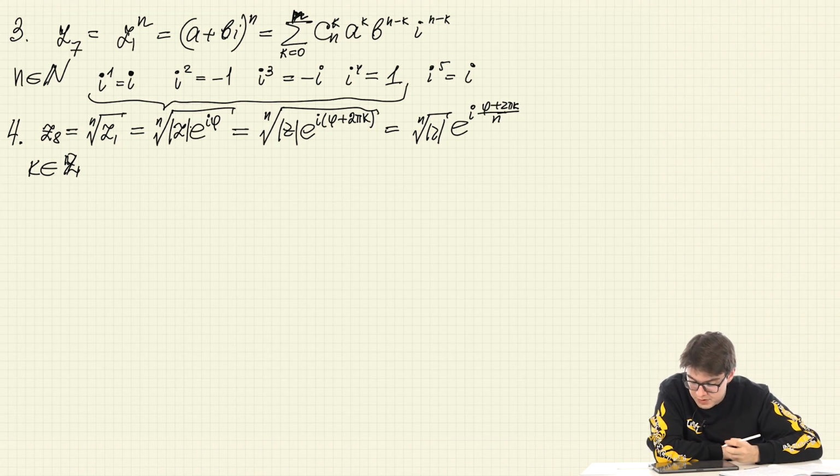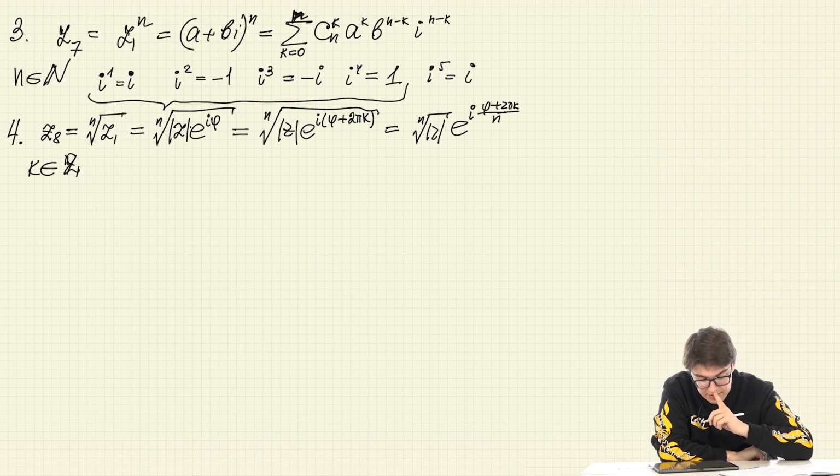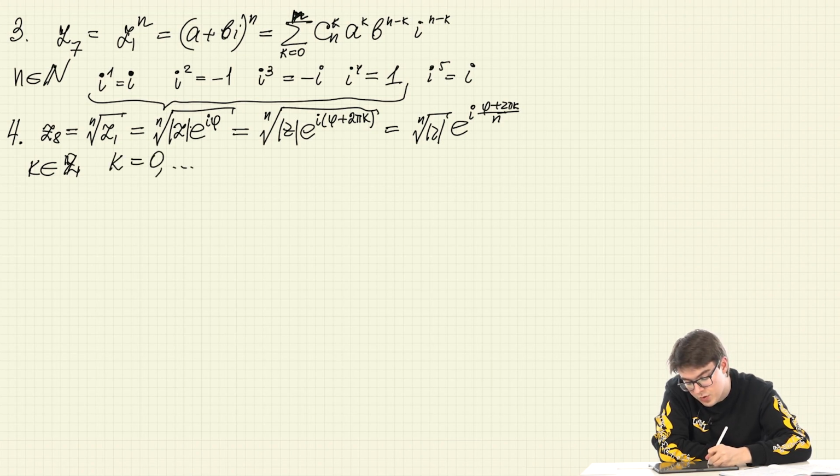We can understand, by the way, that there is no need to consider all integer numbers, but those starting from 0 and ending with n minus 1, because then the result is going to repeat again and again.